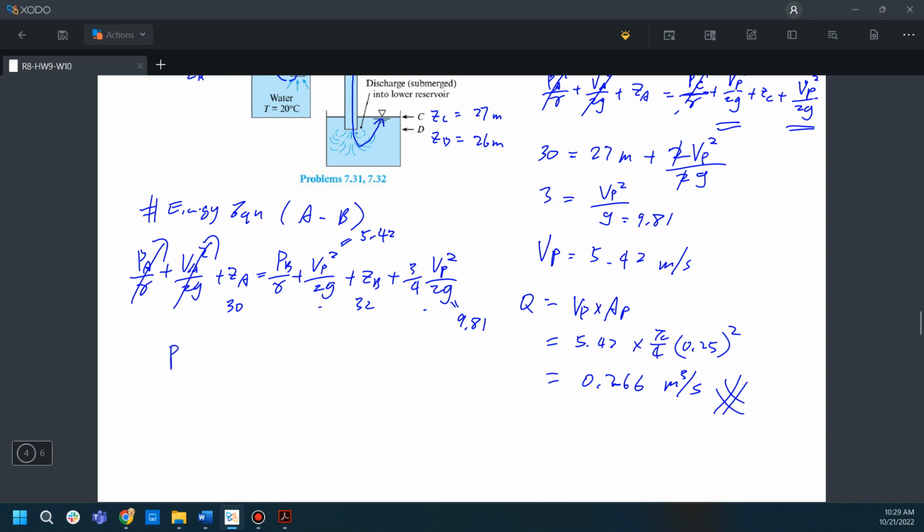Therefore, you can calculate PB. One constant, gamma for water, is 9810 newtons per cubic meter. Now PB is the only variable you don't know, so you can just use your calculator and solve that PB is equal to minus 45.3 kPa.